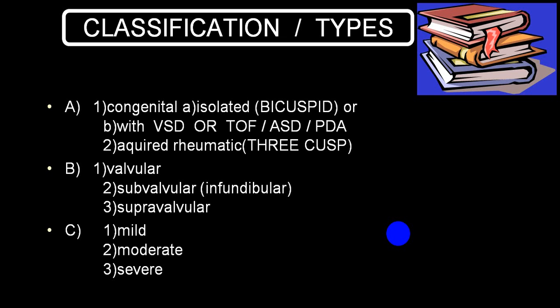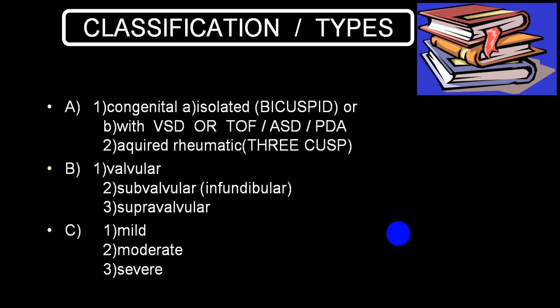Infundibular pulmonary stenosis with VSD and overriding of aorta, we call tetralogy of Fallot. And when tetralogy of Fallot is associated with ASD, it is called pentalogy. So these are all the other congenital heart disease which can be associated with pulmonary stenosis.